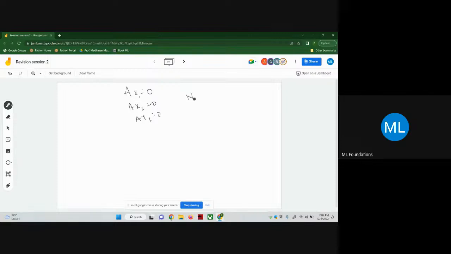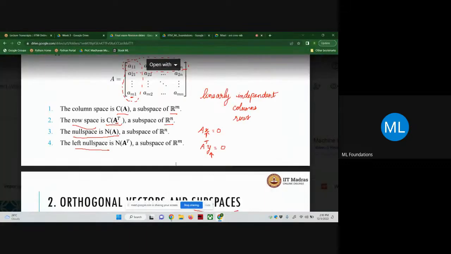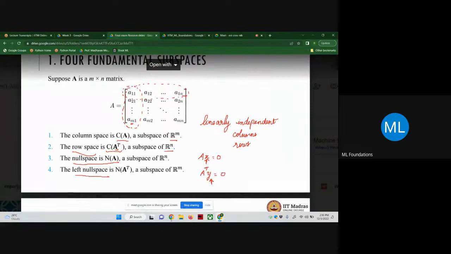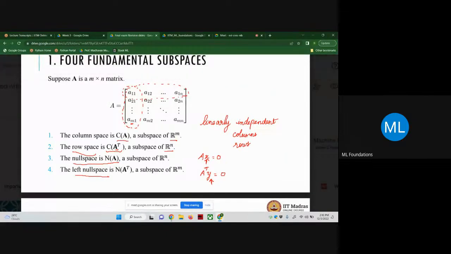Then the null space of A will be the span of x1, x2, and x3. So these three vectors will be forming the null space. The left null space is nothing but this: A transpose x1 should be equal to 0, A transpose x2 should be equal to 0, A transpose x3 should be equal to 0. So they will be forming the left null space. Those four are the four basic fundamental subspaces we have. With this we'll move forward.